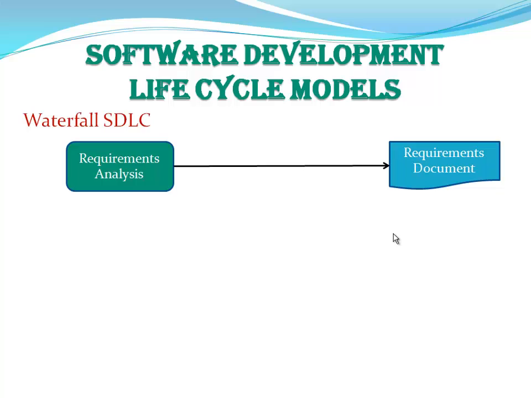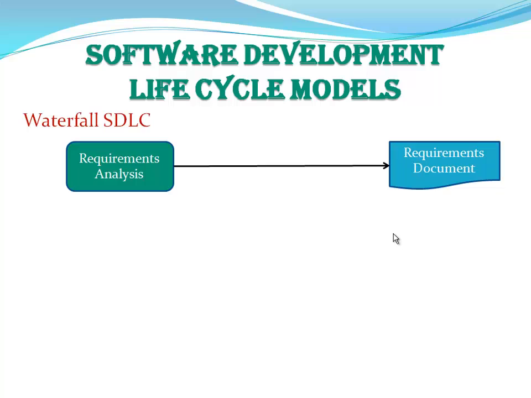That means the requirements are very clear, there are no conflicting requirements, and the requirements are testable. That is, it should be possible to test out the requirements. So the output of the requirement analysis phase is the requirement document. This is the main requirement document for the entire system.